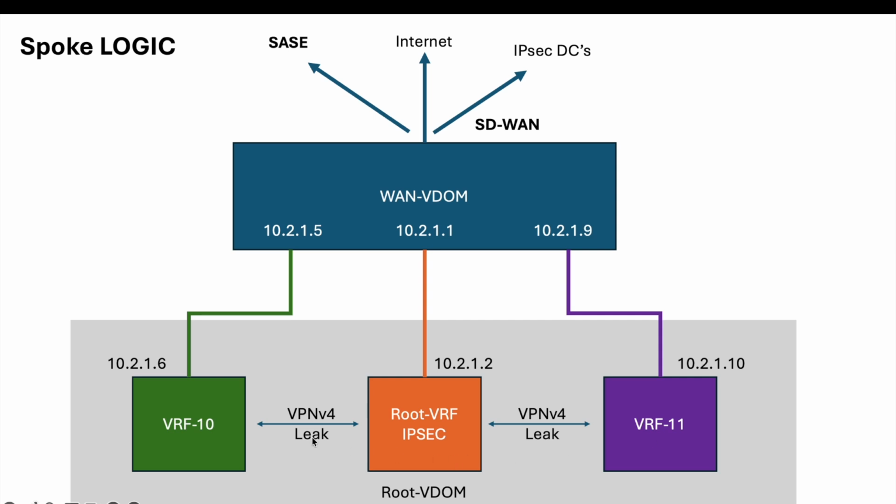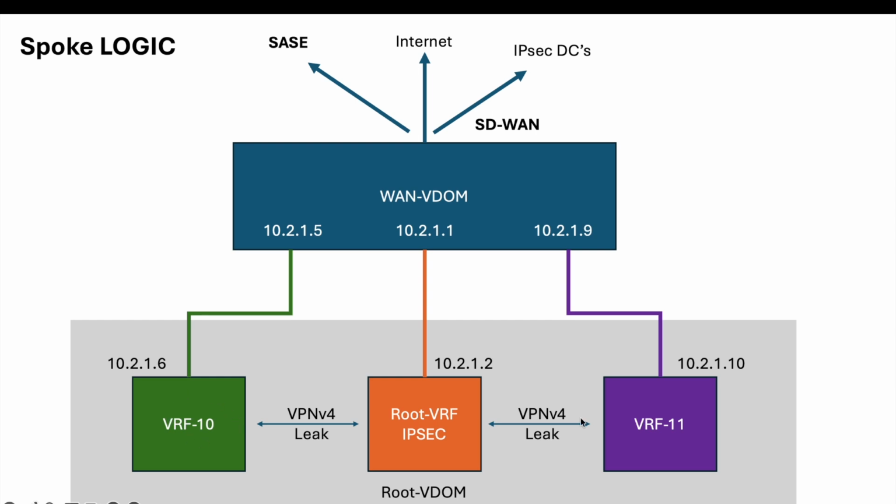Now, that allows for spoke to corporate head-end data center communication, right? So I haven't used any route maps. No route maps are required. The routing tables are simply populated via the BGP.